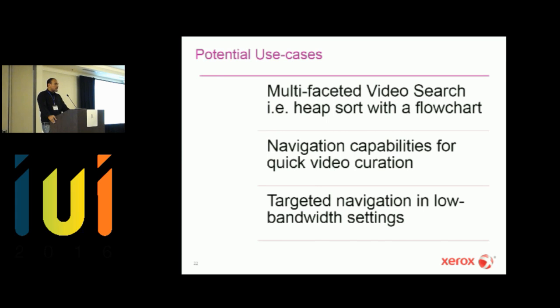The second is navigational capabilities for quick video curation. Many times, people in developing countries as well as in other classrooms want to utilize high quality educational content in their classroom. And many times they want to remove only some portion so that it does not conflict with the context of the class.